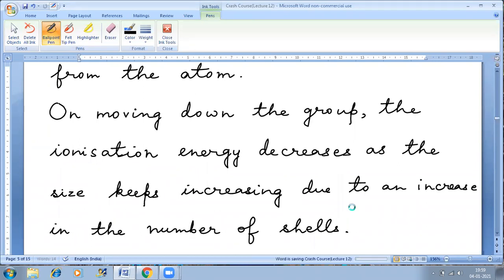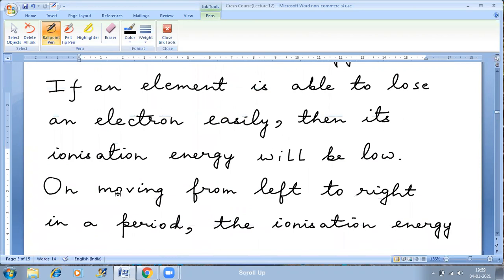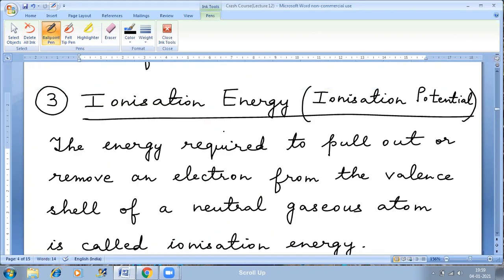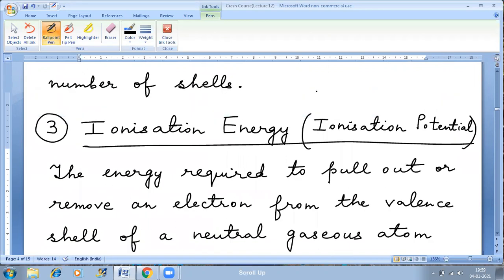So this is about ionization energy, or ionization potential. Sometimes in the exam we just write IE or they can also write IP. So don't get confused. IP also means the same. You can write any of these.